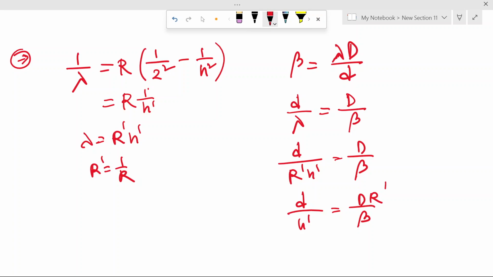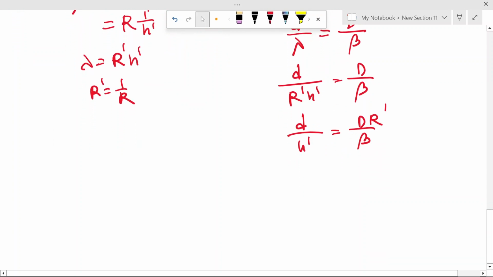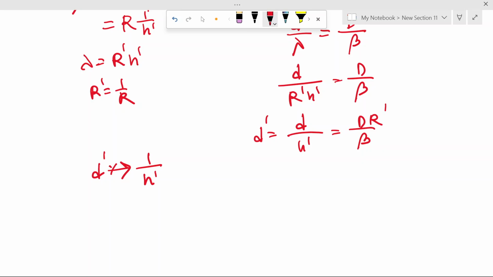So for different values of lambda, your n prime changes, but your d has to be changed in such a way for beta to be constant that d by n prime, this ratio, is constant. So your new d prime has to be multiplied by 1 by n prime, right? If you multiply this d prime by 1 by n prime all the time, then for all these lambda, your fringes will be the same, because this part will be constant. Then all terms here are constant.